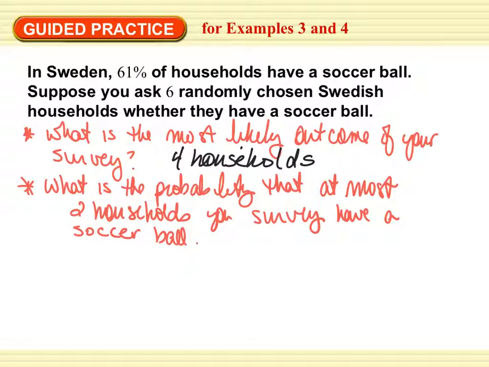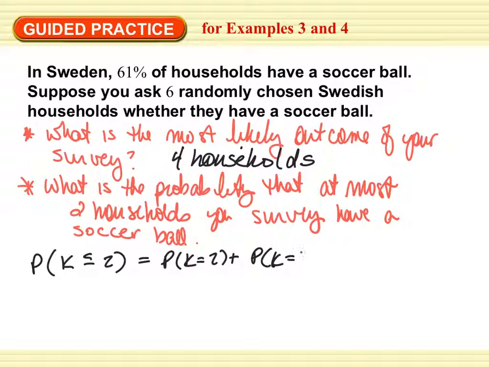And then what's the probability that at most 2 households you survey have a soccer ball? So we want the probability where k is at most 2. We're going to do the probability where k equals 2, probability k equals 1, probability k equals 0.